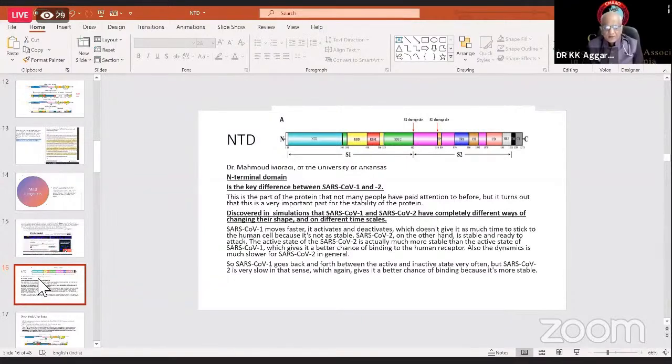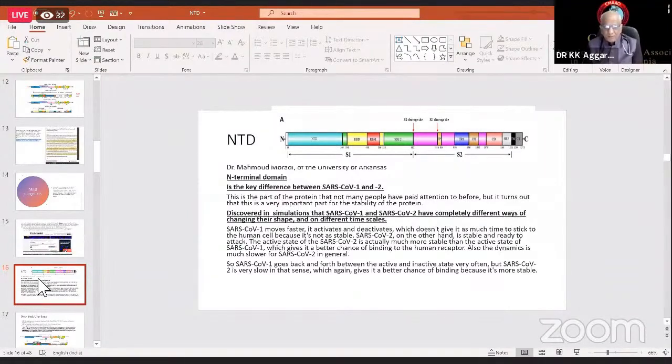NTD is the key difference between SARS-CoV-1 and CoV-2. It means if a CoV-3 appears, it will be only through the NTD. They have shown that the way NTD moves and changes its shape matters.